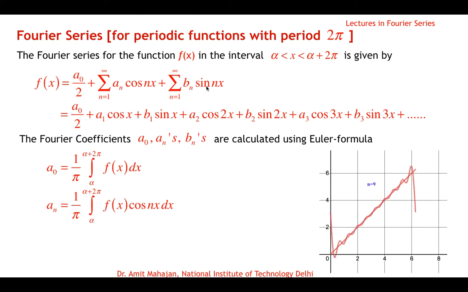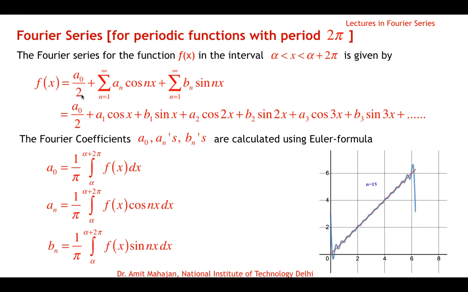And bn can be calculated as 1 by pi, integral from alpha to alpha plus 2 pi of f(x) sin nx dx. So you have to remember that for a function which is periodic with a period of 2 pi, we can write the function as this infinite series, where these constants can be evaluated using these three integrals.